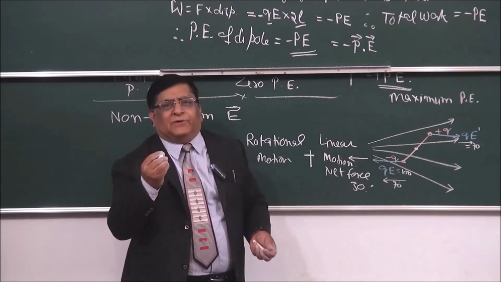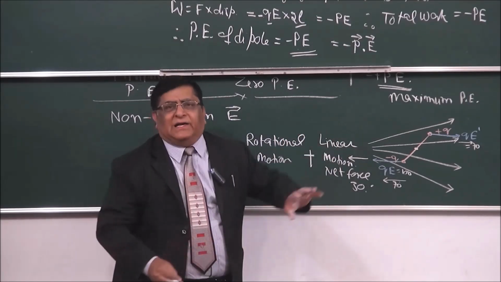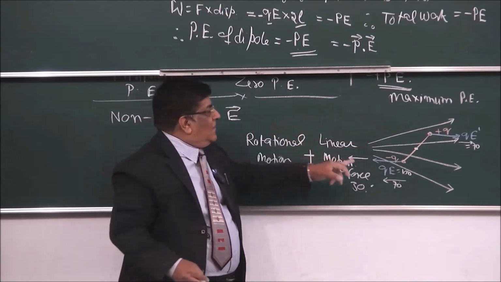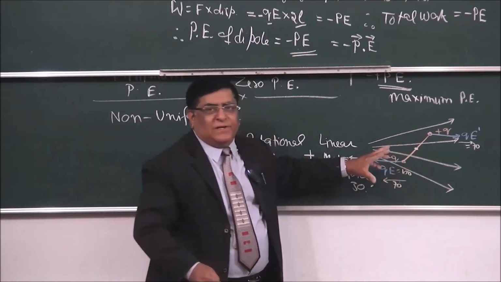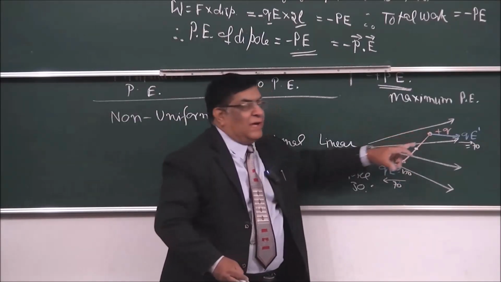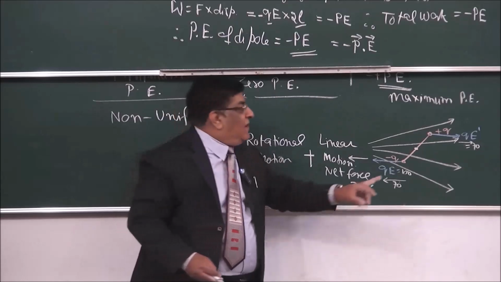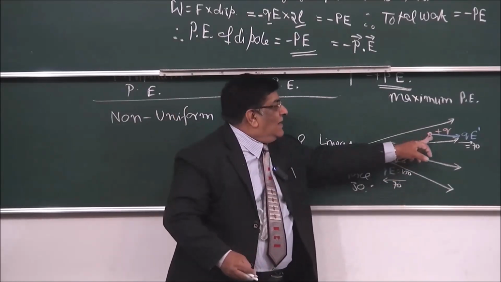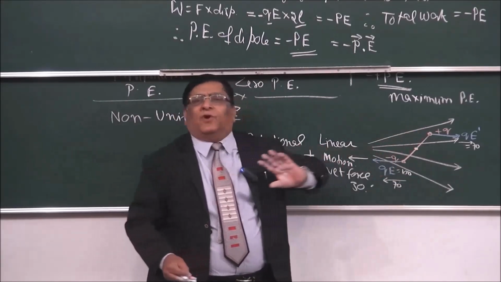But this is only a quiz. We hardly get such non-uniformity within the dipole because this length 2L is so small that having different electric field here and here is not practical.